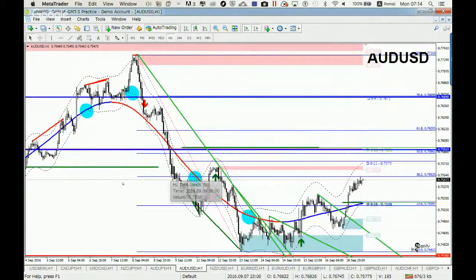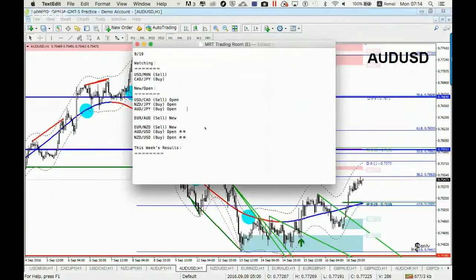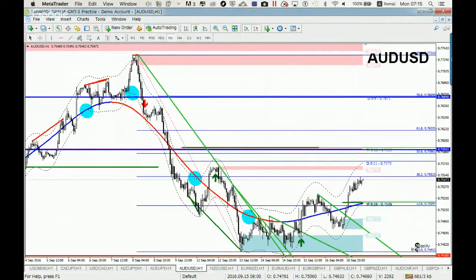Aussie dollar next. We opened this last week, and this is moving on ahead at a nice clip. You can see it broke through the initial trend line for entry here, then a second one I drew to let me know when it was starting to move again after it retraced down a bit towards the stop. And then it broke a third trend line here, and it's moved higher, made higher highs.